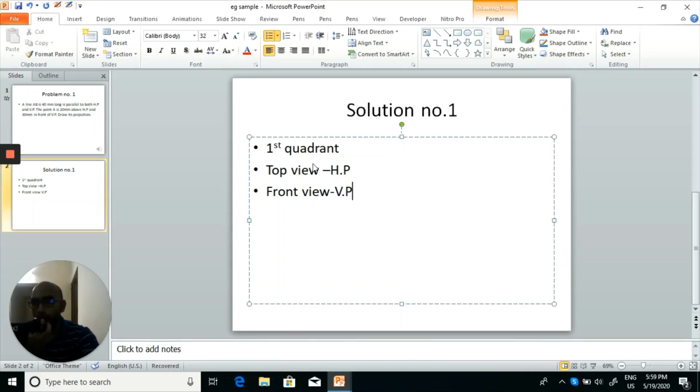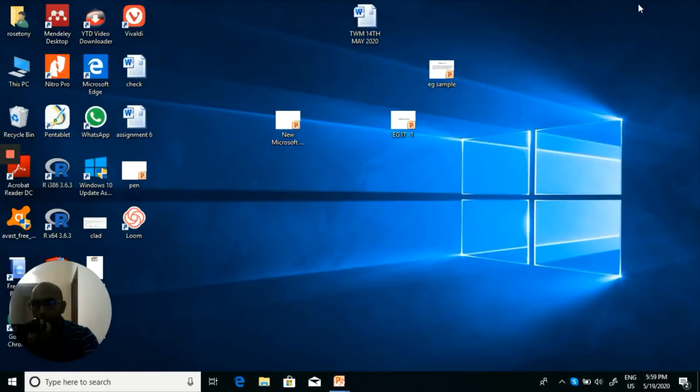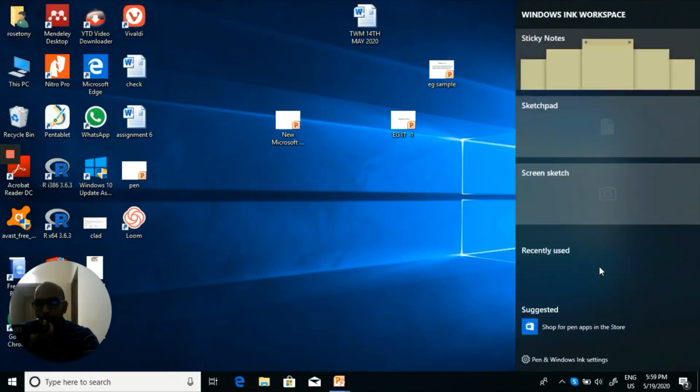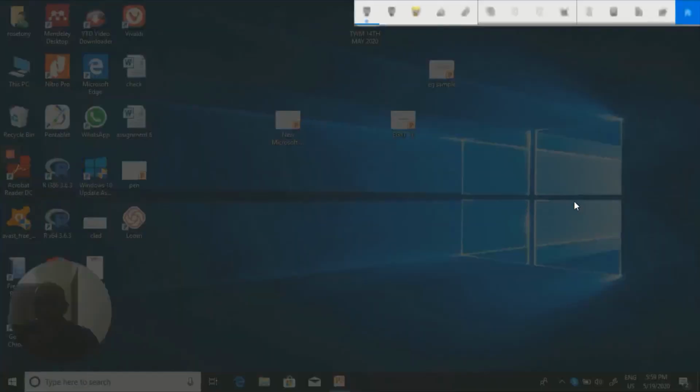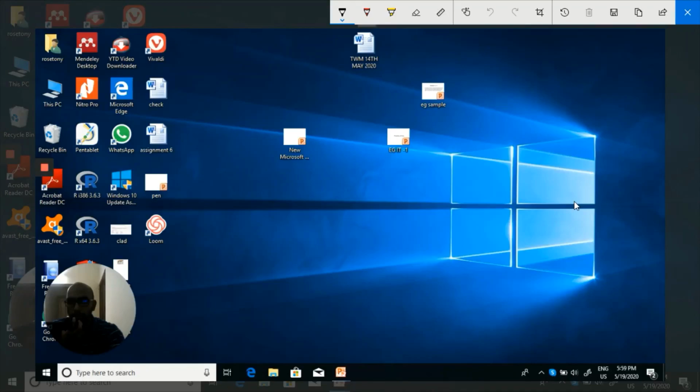So you can easily solve the problem. I will first draw the projection of point A. From that I will find the B point, and then I will find the line AB.